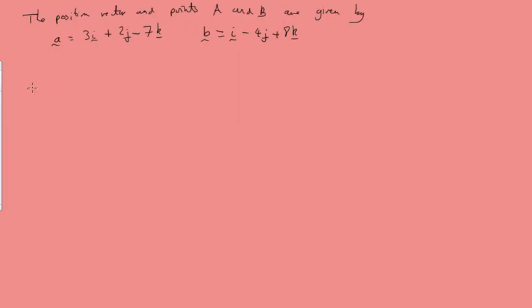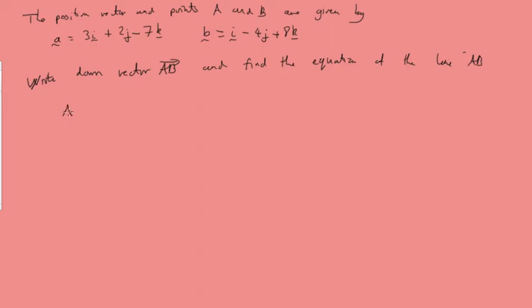And so we want to write down vector ab and find the equation of the line ab.